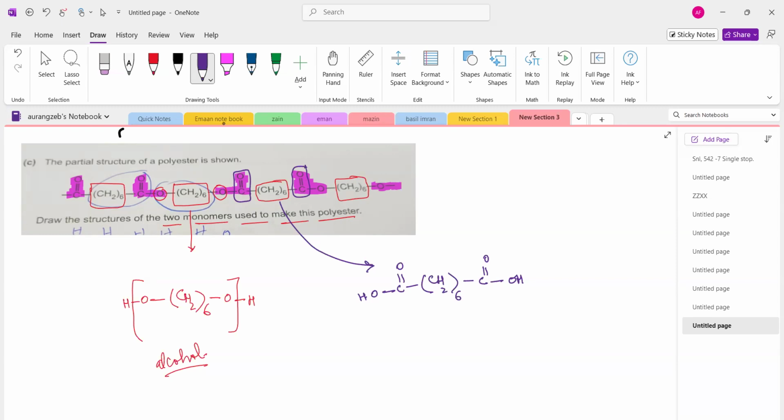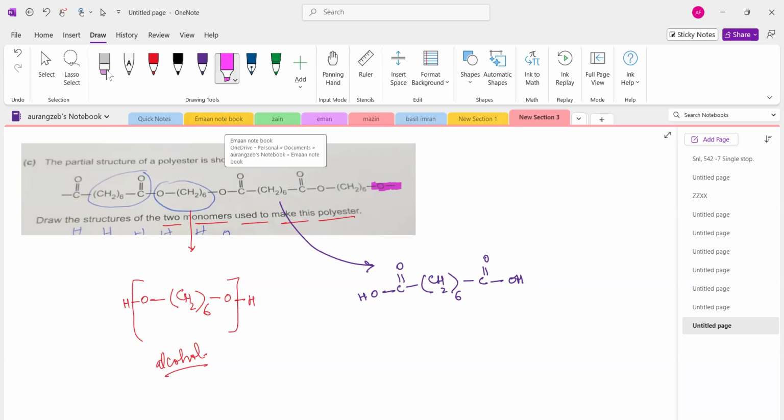So you can see next comes the alcohol part again. So if I show them here, the alcoholic part and the carboxylic acid, I can show them like this. Look at this in different colors.